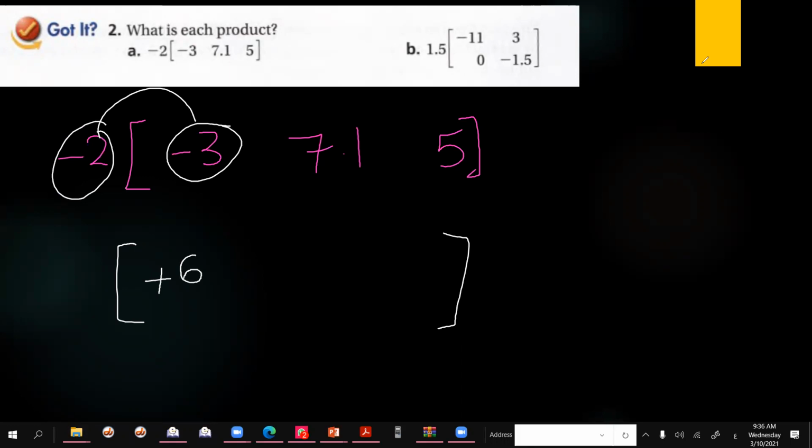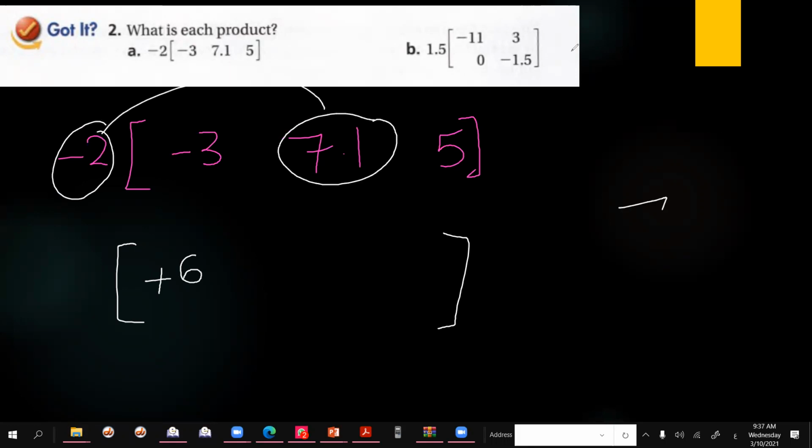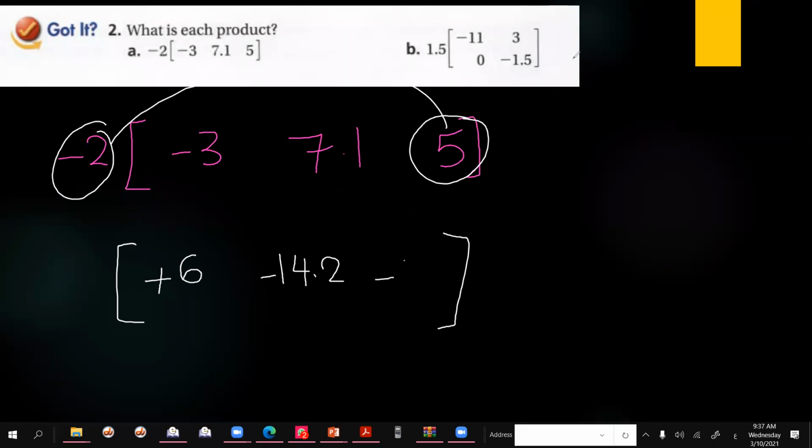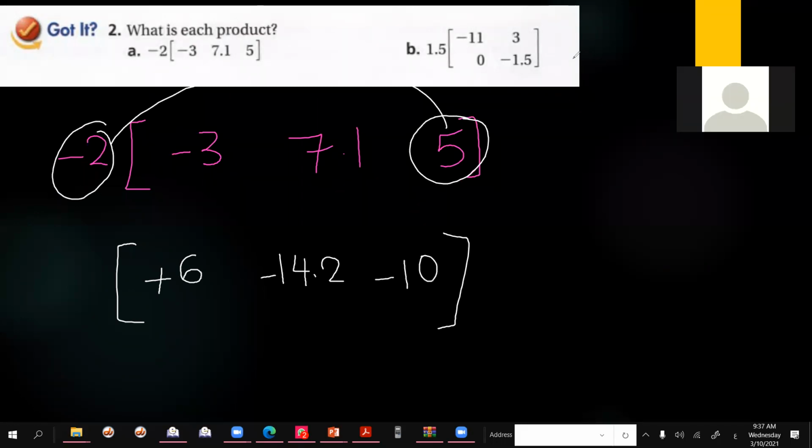Then negative 2 with 7.1, which is negative 14.2. And then negative 2 with the last element, which is 5, and I get negative 10. So like the distributive property, you multiply each element with negative 2.